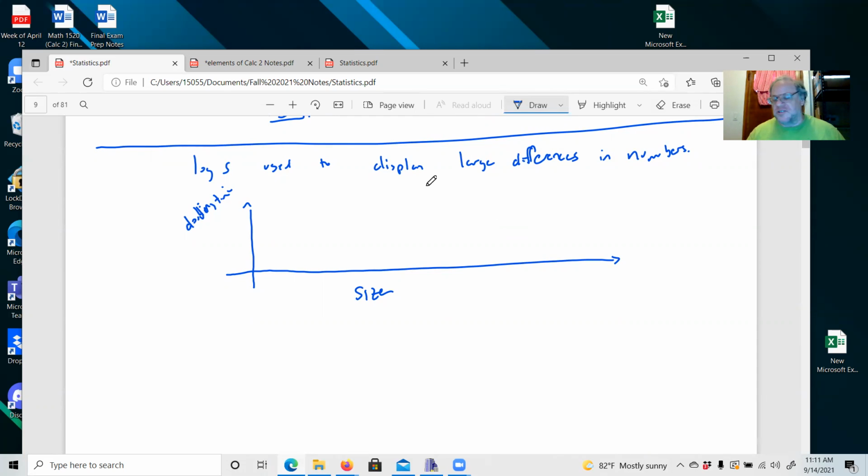I probably should have looked this up on Google before coming up with an example here. But what if I wanted to get the size of a virus? We're not talking nanometers, we're probably talking micrometers. So maybe you have a couple of viruses that range from 60 micrometers up to, let's go to, 500 micrometers.